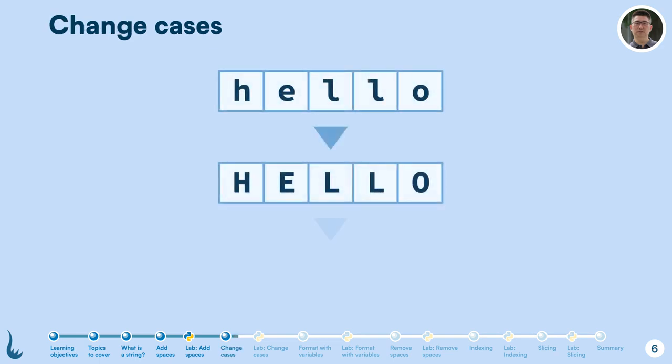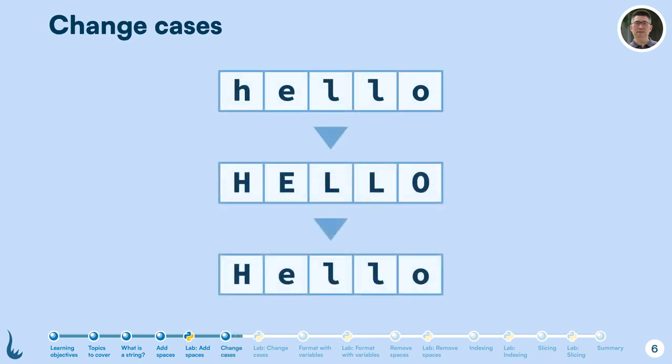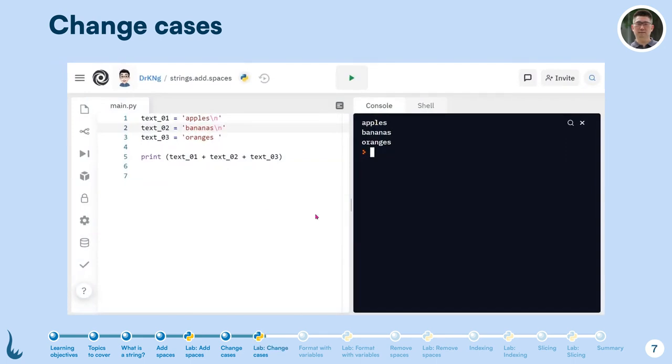We can change cases in strings. To demonstrate how we can easily change the cases of our strings, let's create a new variable, allText, to store all the three strings together.